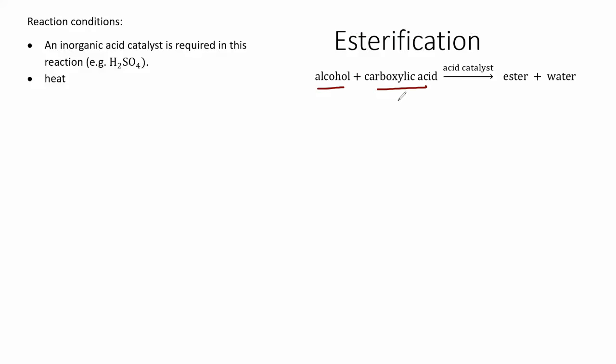That's how you form an ester. And also this reaction removes water. That's why it is part of elimination. So here are your products, an ester and water. The conditions are that there must be heat and there must be an acid catalyst, and that acid catalyst is sulfuric acid.